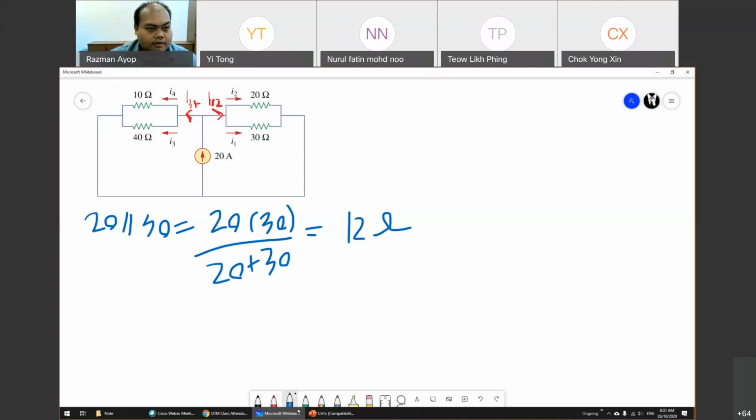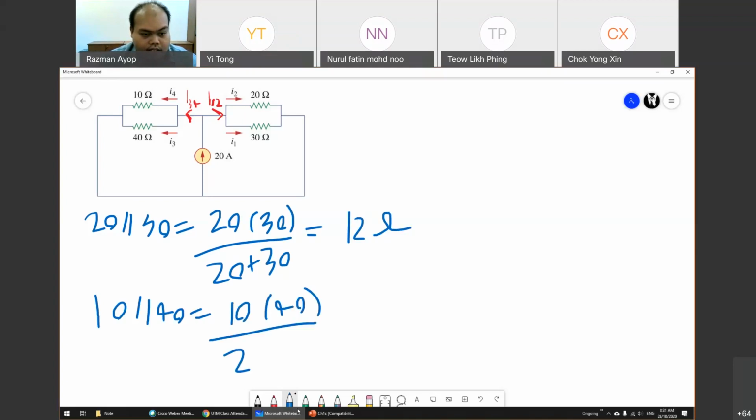For the second one, 10 parallel with 40, 10 times 40 divided by 40 plus 10.